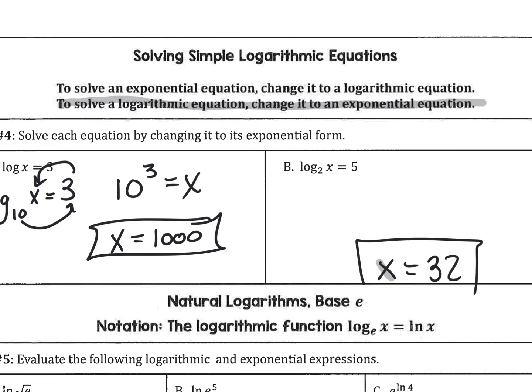Check your answer. Did you get it? Good. See? You can do it. I told you this is an easy lesson, isn't it? Two to the fifth equals x, right? We can do these. Everybody good with this so far? Feel comfortable?